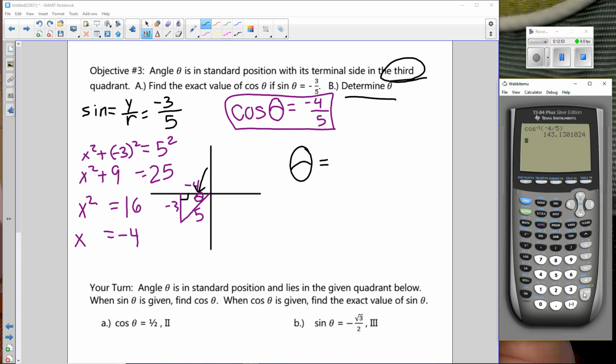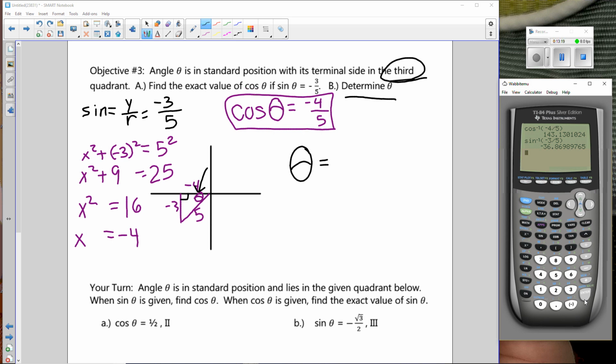It gives us 143. 143 is in the second quadrant where cosine is negative. You could use that to determine the reference angle, or you could try inverse sine. So second sine, -3 divided by 5. And it actually gives me the reference angle as positive 37 degrees.